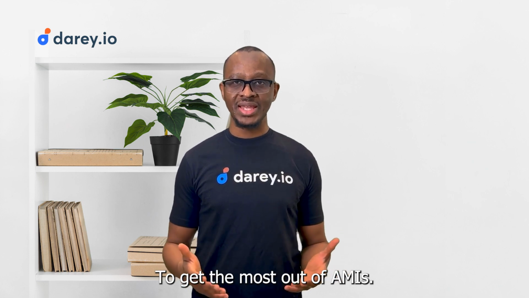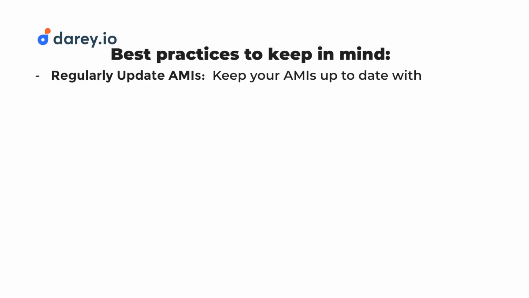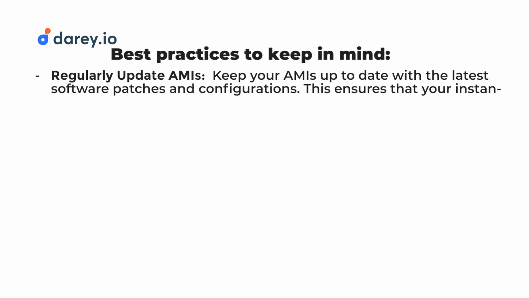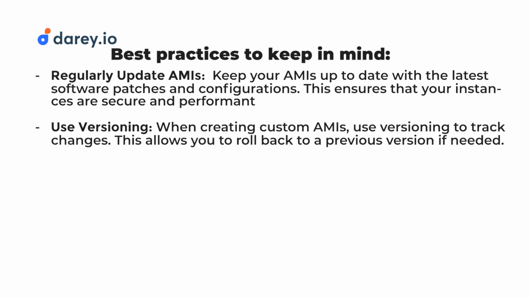To get the most out of AMIs, here are some best practices to keep in mind. Regularly update AMIs. Keep your AMIs up to date with the latest software patches and configurations. This ensures that your instances are secure and performant. Use versioning. When creating custom AMIs, use versioning to track changes. This allows you to roll back to a previous version if needed.